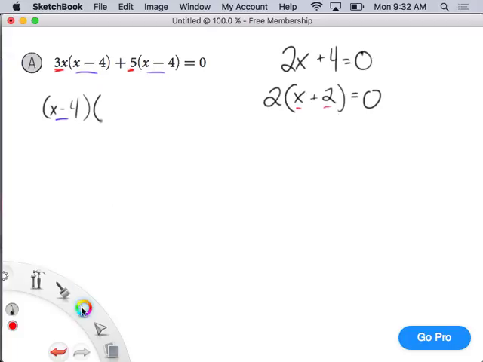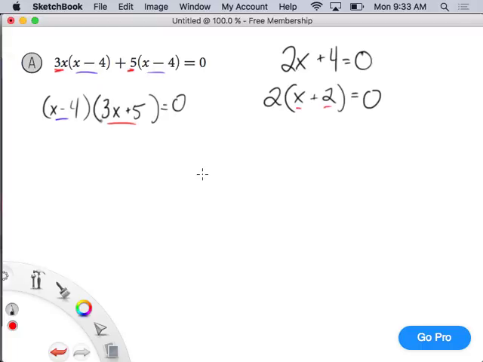So I got (x minus 4) times (3x plus 5) equals 0. Does that make sense? Do you guys see what I just did? I just pulled this x minus 4 out, and these two terms that were in the front, I brought them together and put them in the same parentheses.